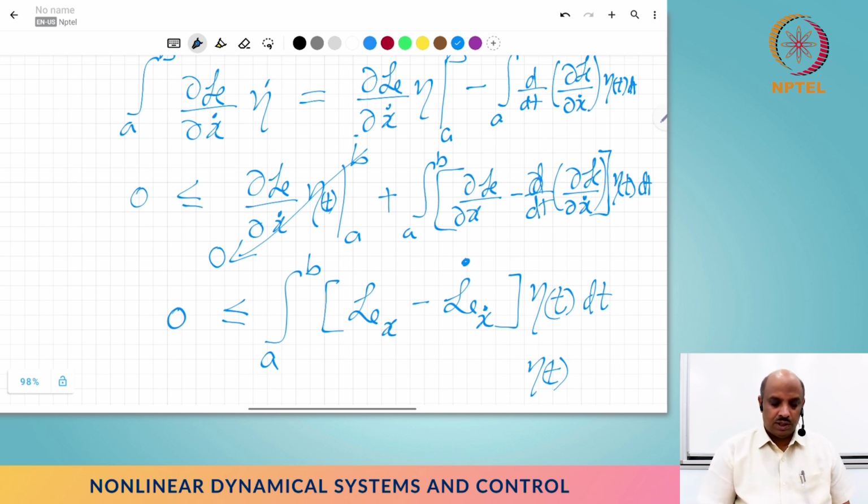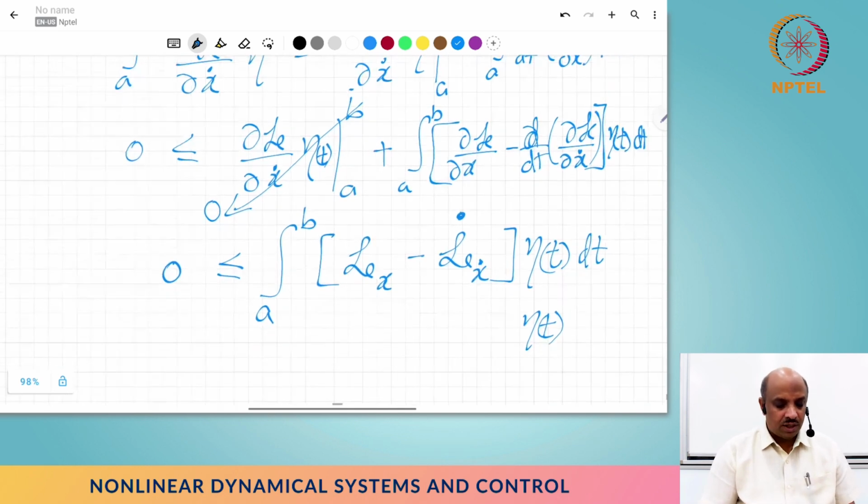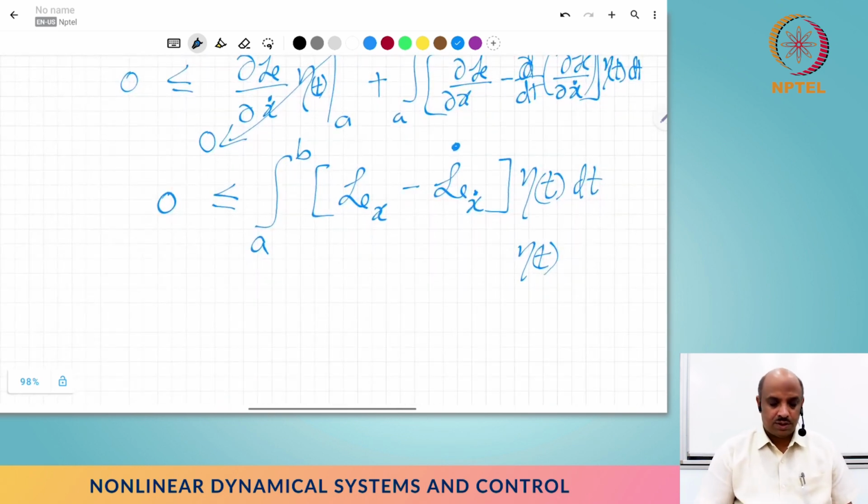If eta(t) belongs to that, then minus eta(t) should also be there. So therefore you have again an integral which is greater than or equal to 0 for all eta, whether they are negative or positive in a function sense. And it's not that tricky, but slightly subtle.